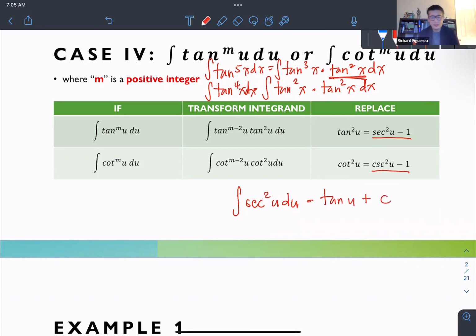So we are transforming that one to secant squared u because it has a direct integral. If it is just secant squared u, that's tangent. However, if it is multiplied with tangent, then we can use the power formula. So that is for case 4.